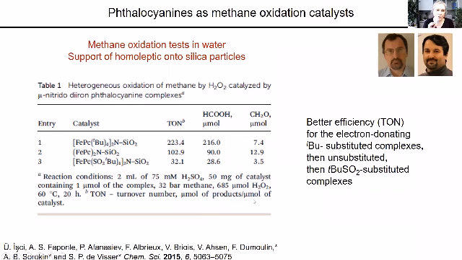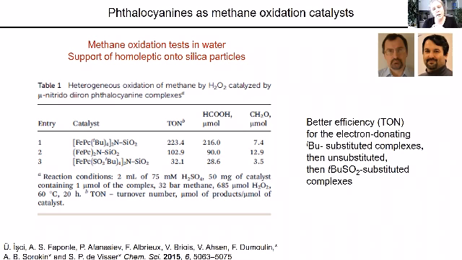And we could show, after supporting onto silica particles, that the methane oxidation was following what we guessed with the calculation: we had a better efficiency for the electron-donating tert-butyl substituted complex, then a little bit less good with the unsubstituted phthalocyanine, so just nothing on the macrocycle.